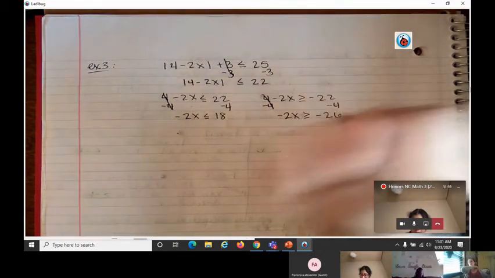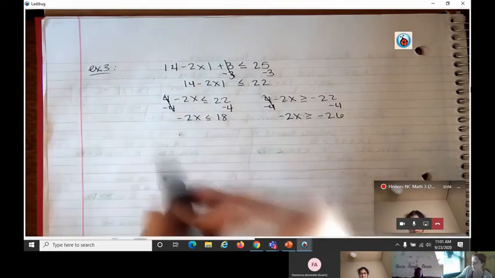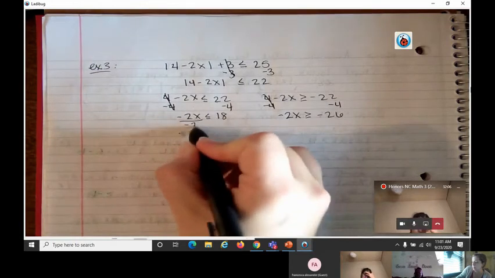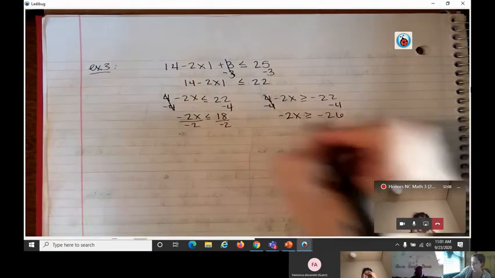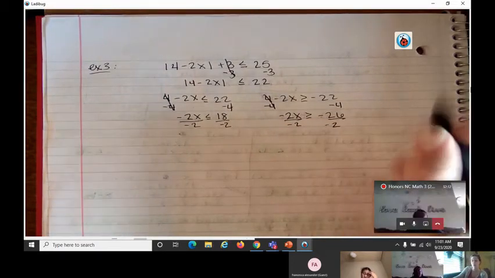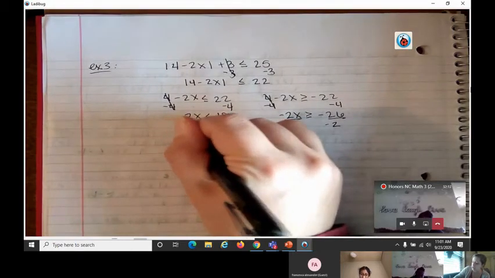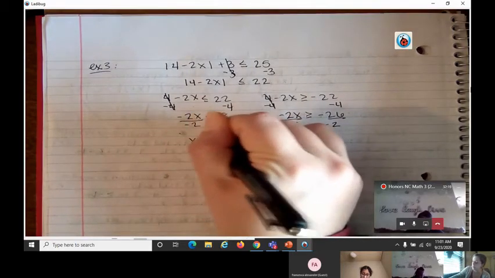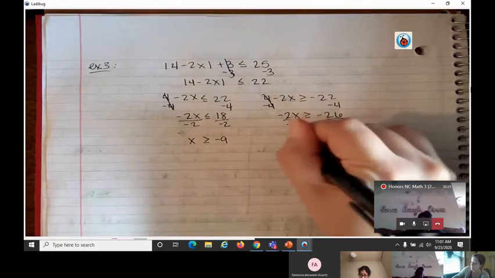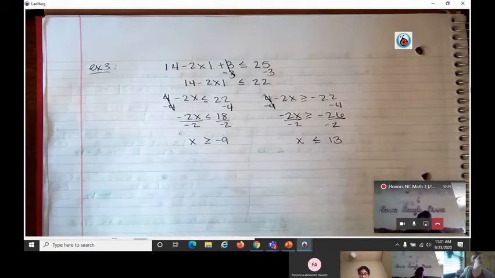Now, does anybody remember what happens when you divide by a negative number when you have an inequality? It flips the sign. Yeah, it flips the sign of the inequality. So I'm going to have x is greater than or equal to negative 9. And x is less than or equal to positive 13. Okay, I'm going to highlight this in a different color. And we're going to make a note of that.